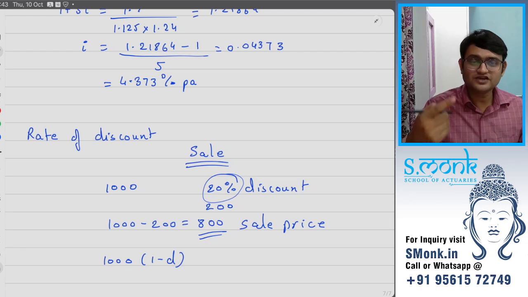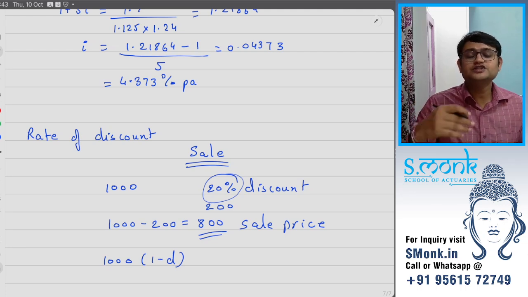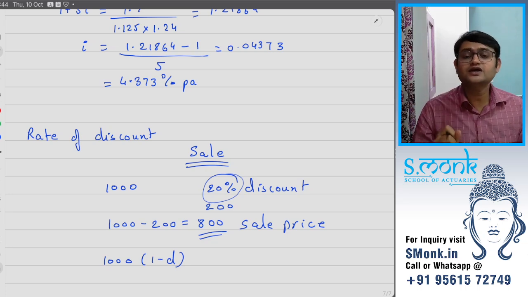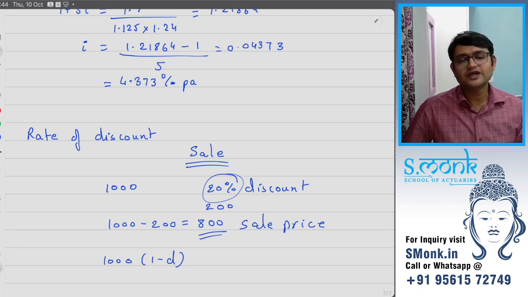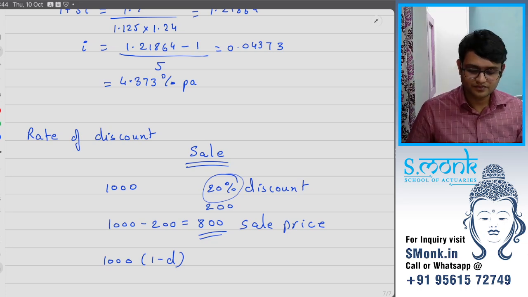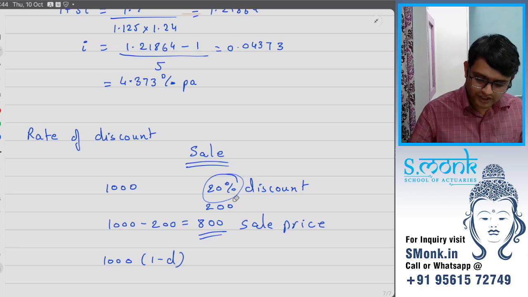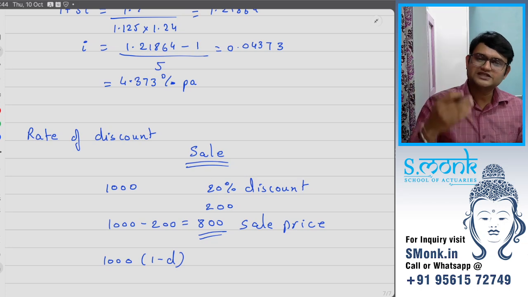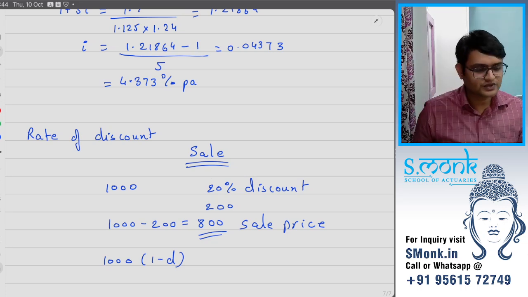Especially, as I said in the last class also, there will always be people working in finance, or at least requiring finance, who have not even studied mathematics, right? So you have to make easier calculations for them. Okay. So same thing, if I give you the discount rate, it will be easier for you to calculate the present value if the future value is given to you.